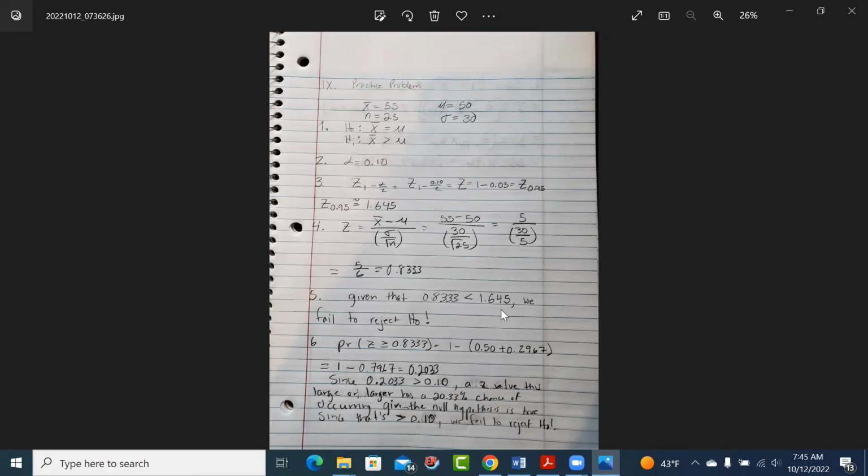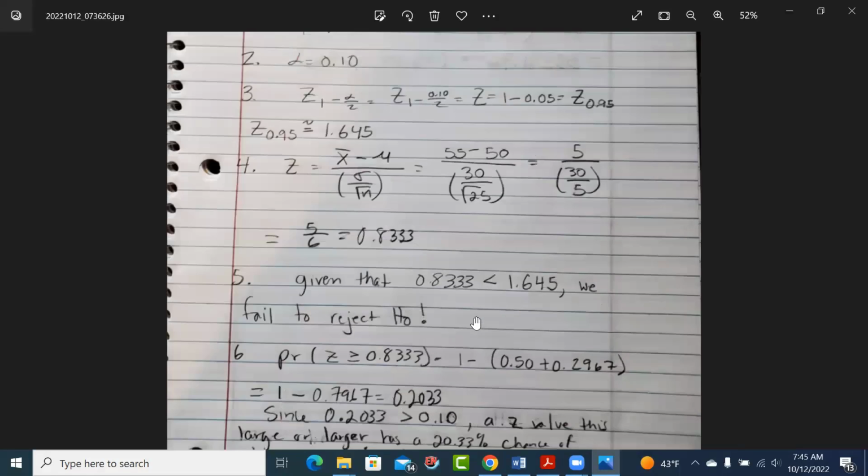Some people will say if your actual critical value is exactly the same as your calculated value, they would consider that marginally significant. Yeah, it's kind of stupid, to be honest. So I'd say greater than or equal to 1.645 would be considered significant. But this definitely isn't, so we can conclude that since this value is less than our critical value, we fail to reject the null hypothesis. So that's one way to do it.